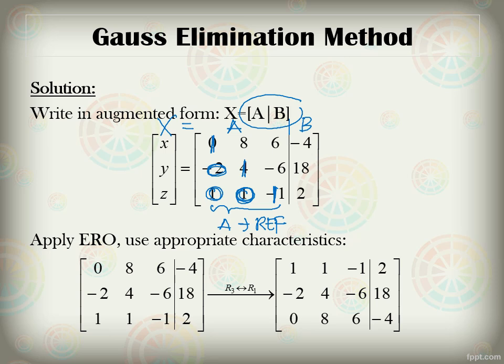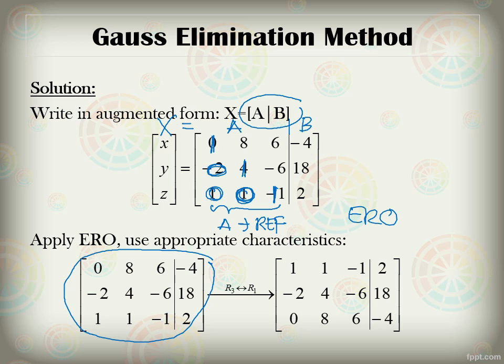Okay, so we will apply ERO to the augmented matrix. Remember when we use ERO, there are 3 main characteristics that we can apply: multiplying the scalar, interchanging the row, and plus minus the row.